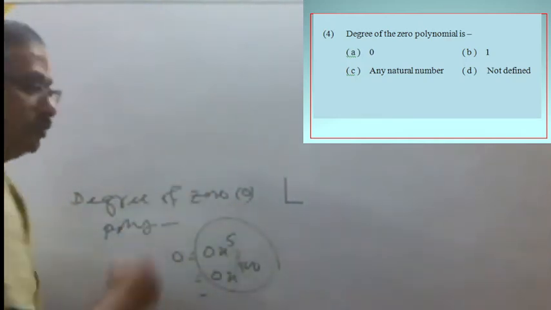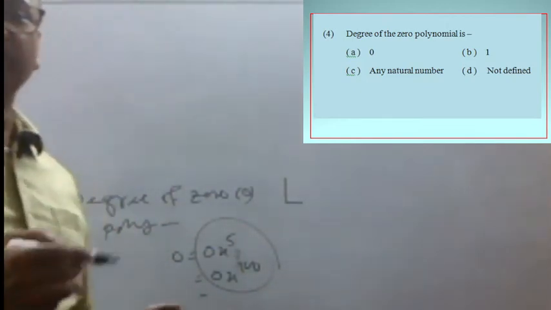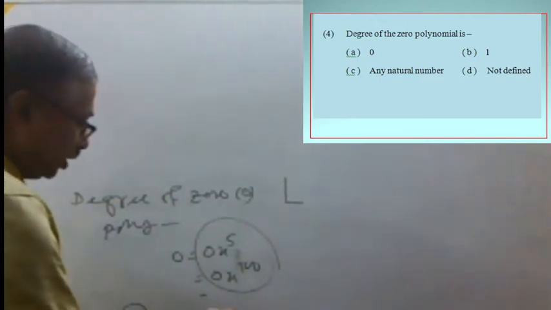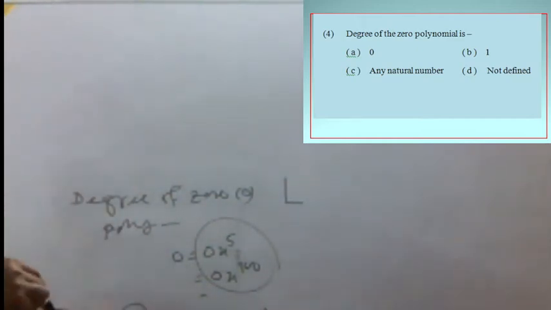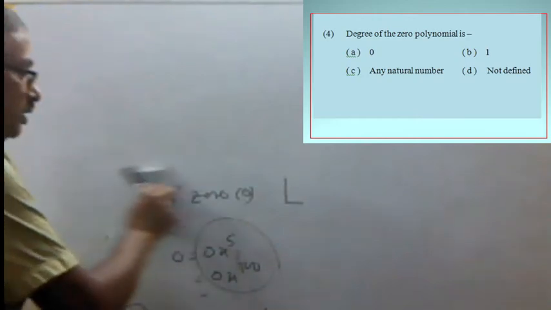Zero is also a polynomial, the zero polynomial, a particular polynomial. So option D is the correct option: not defined. We cannot define the degree of the zero polynomial. The degree of a constant polynomial is 0.